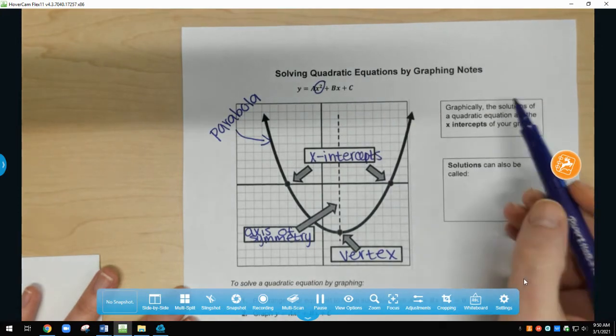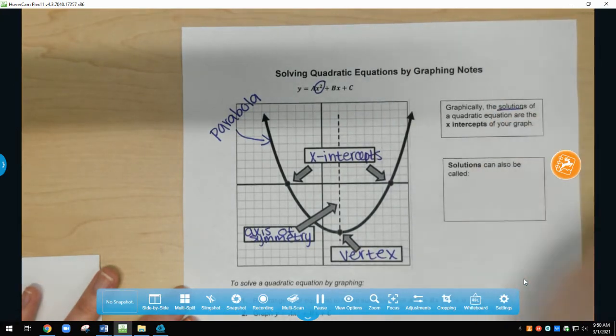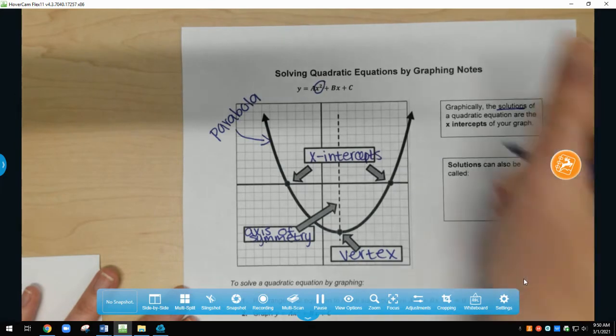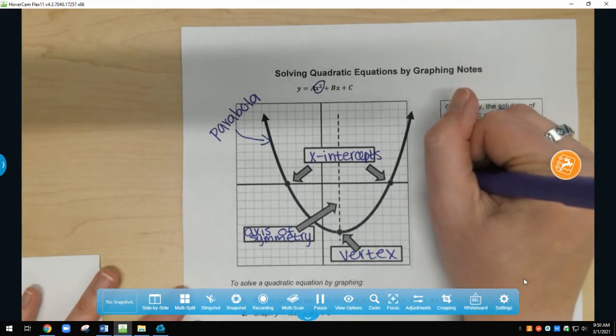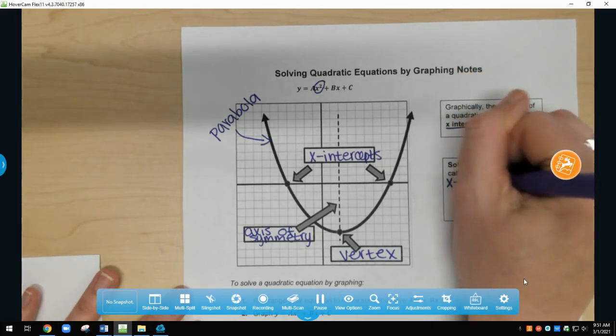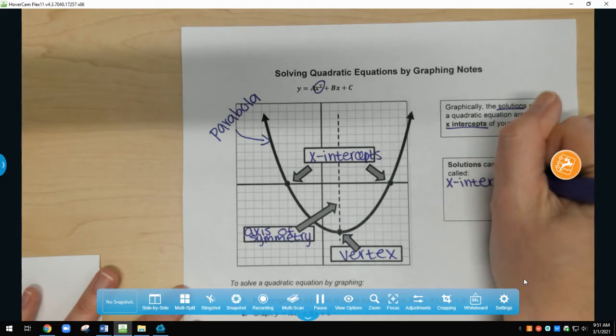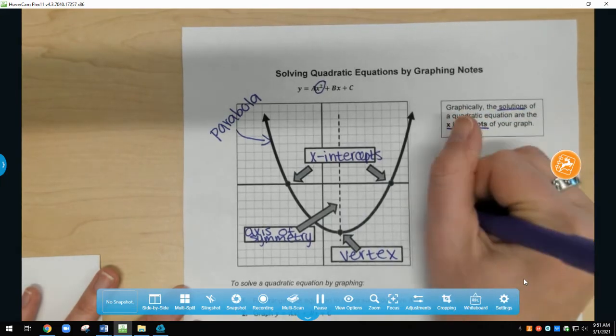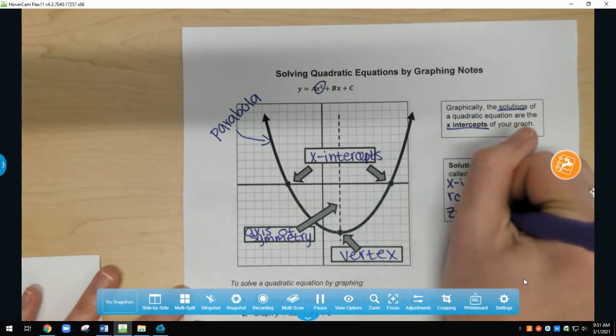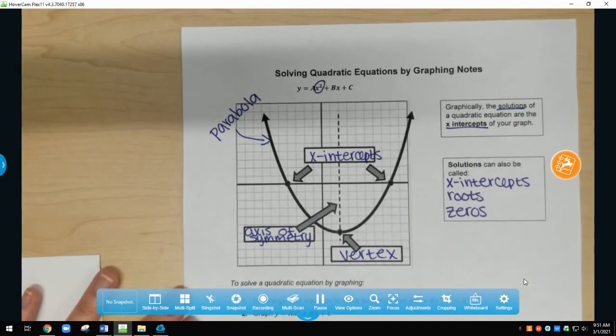Graphically, your solutions of a quadratic equation are the x-intercepts of your graph. There are other names for solutions. They can be called the x-intercepts, the roots, or the zeros. All of those mean the exact same thing.